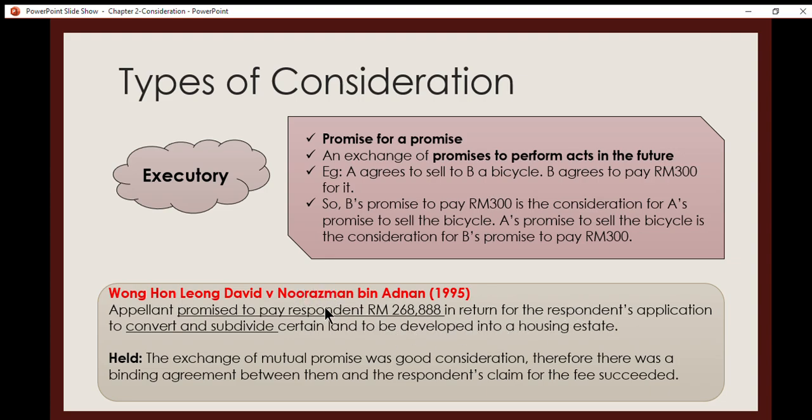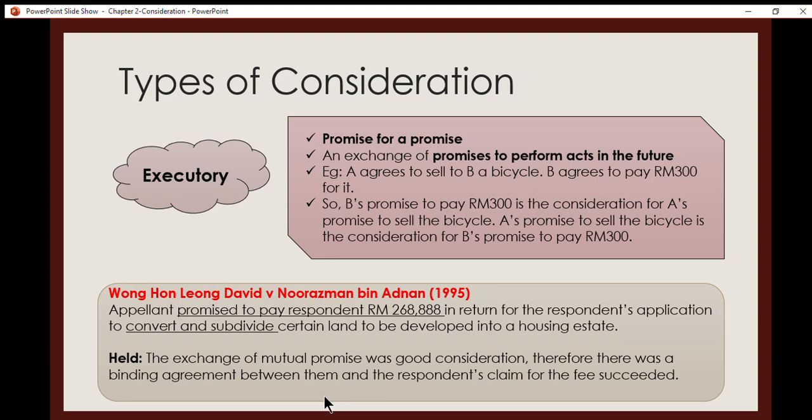When you scrutinize the facts of the case, the appellant's promise is to pay the respondent, and the respondent's consideration is to convert and subdivide certain land. So the court held that the exchange of mutual promises was good consideration. Both parties provide consideration.